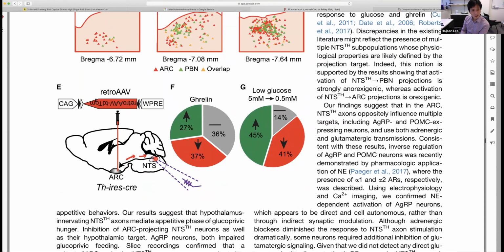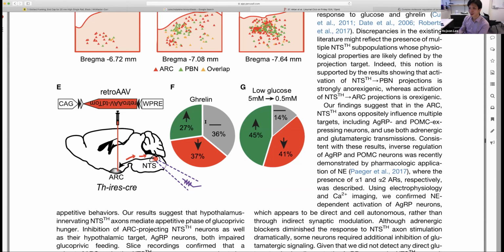What was this again? I guess here they mark the TH neurons that project to the arcuate nucleus, and then they do electrophysiology again while they're presenting ghrelin, which is a stop feeding signal that comes from the intestine.